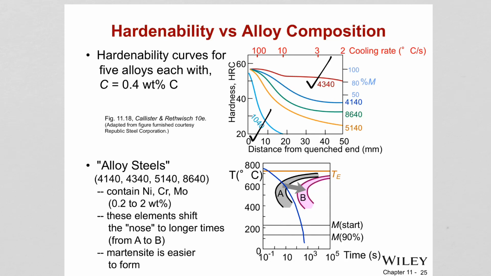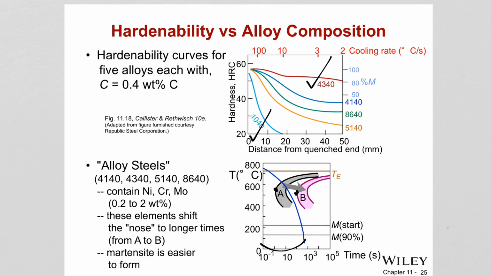The reason alloy steels have good hardenability is the alloying elements they contain, like nickel, chromium, molybdenum. Remember, when we add an alloying element, it creates changes in the TTT curves. In this case you can see the nose is shifting from A to B, which means you can easily form martensite even if your cooling rates are not very fast.